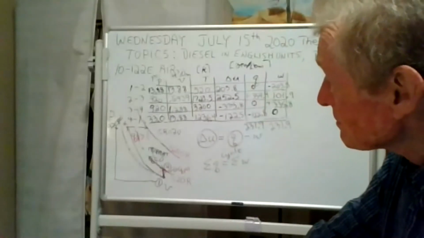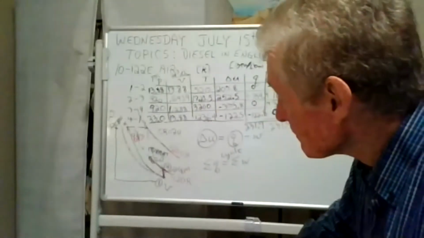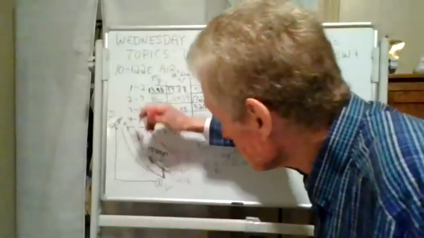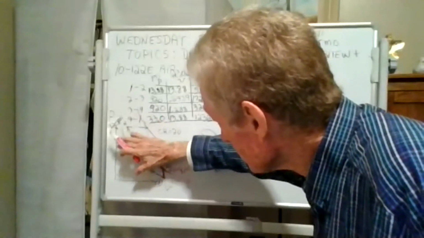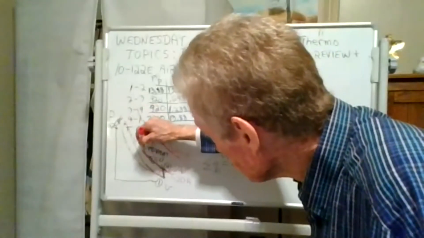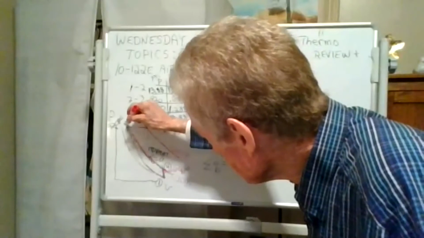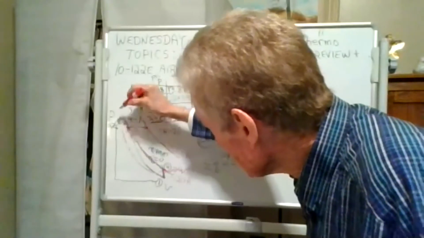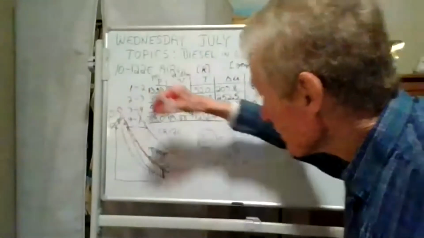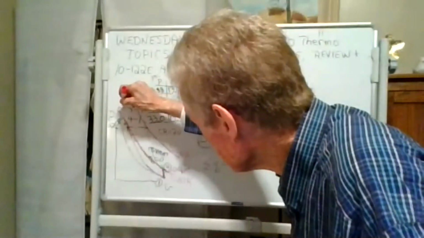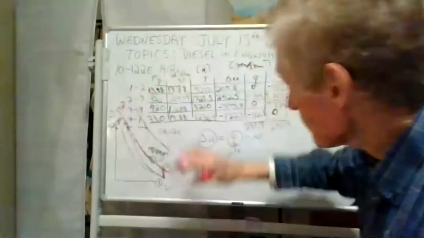The 17, we're going to go through here. That's the 1723. That goes through state 2.